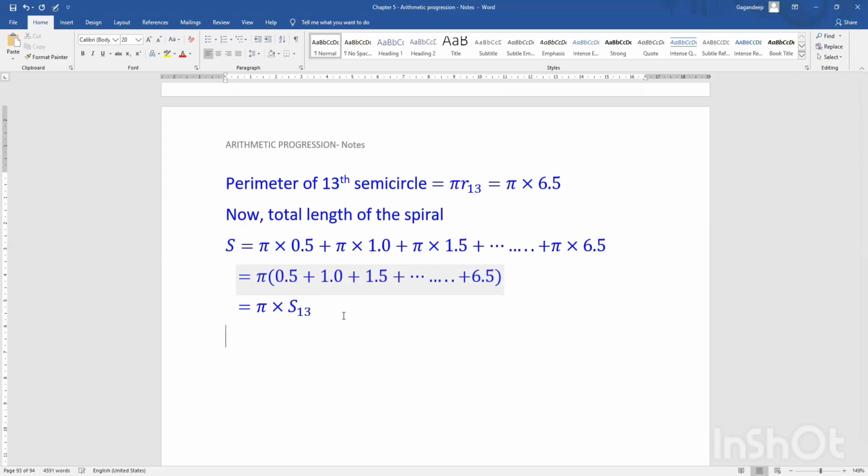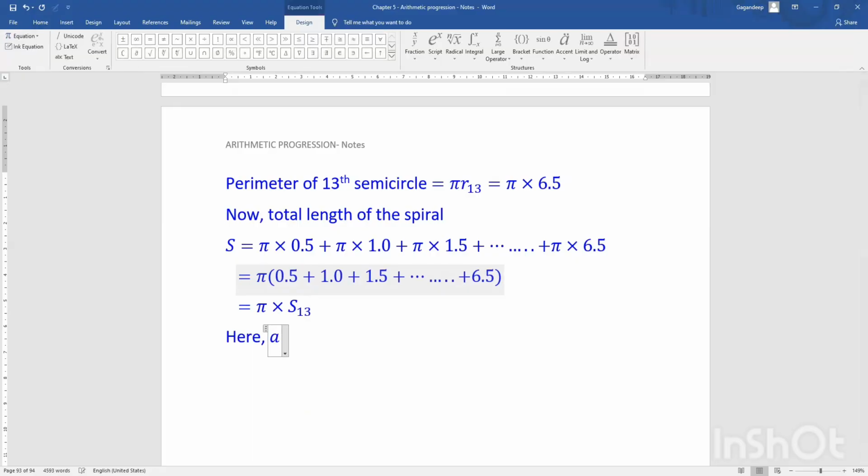Now here we have A as 0.5. Then we have D, which is 1.0 minus 0.5, which is 0.5 again.